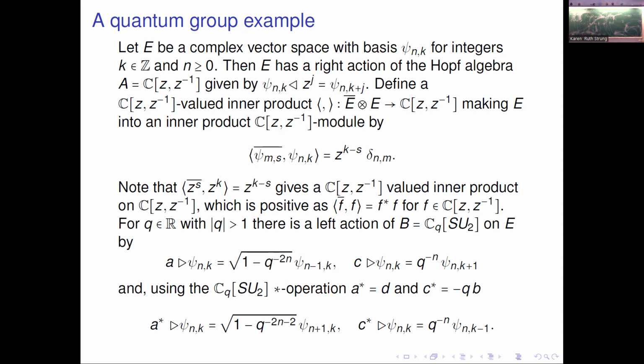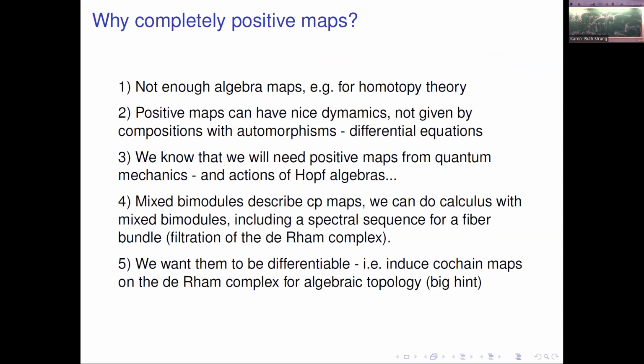Now, what would I like to be true about that positive map? Well, I'd like it to be differentiable. I haven't actually told you how a positive map can be differentiable. Okay, well, actually, let's just go through why we want completely positive maps.